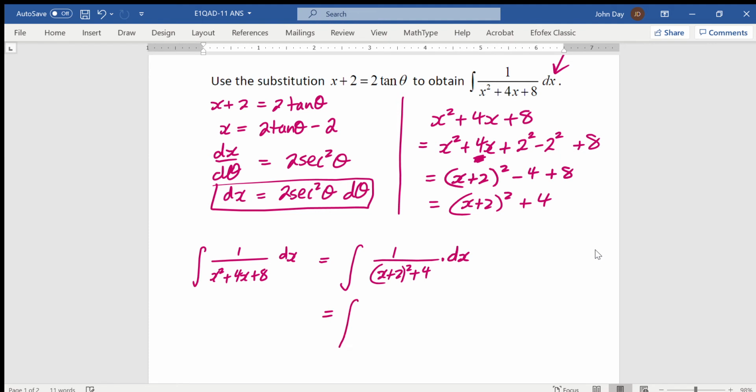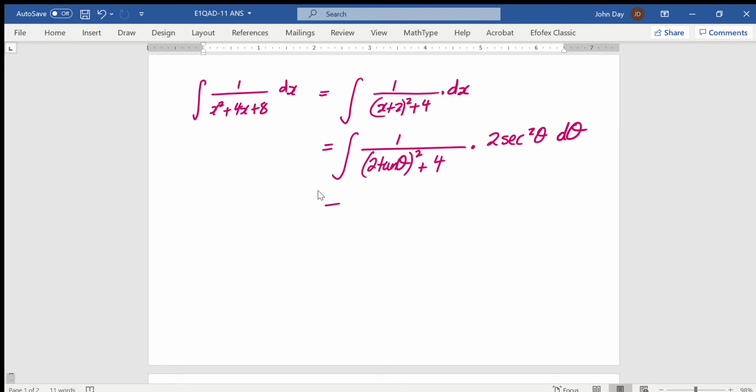And that's going to be the same as now. We can replace the x plus 2 with 2 tan theta, because that's what we were told at the beginning. X plus 2 is 2 tan theta. So that's being squared plus 4, and the dx is 2 sec squared theta d theta.